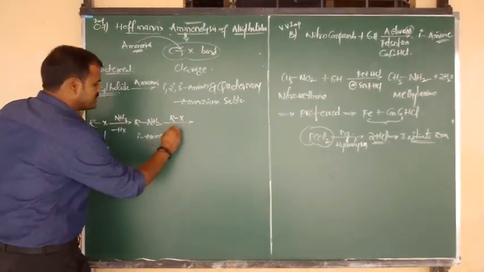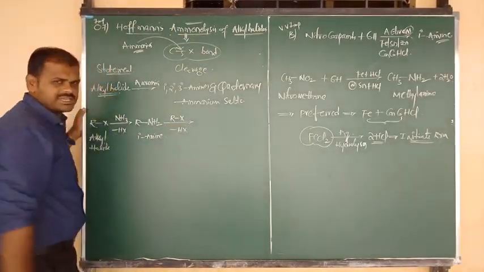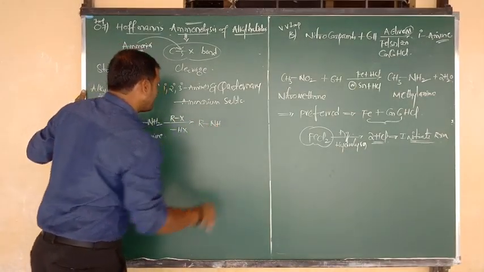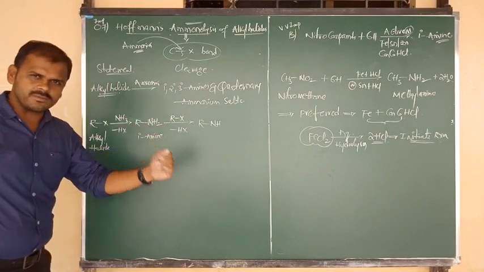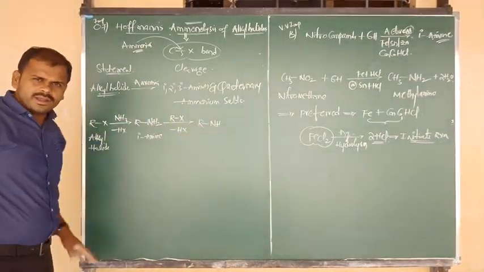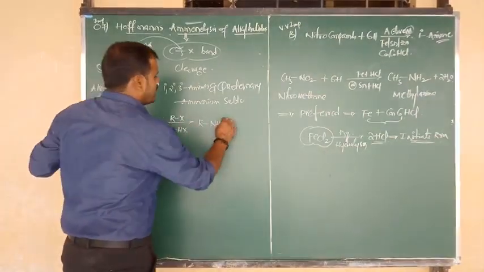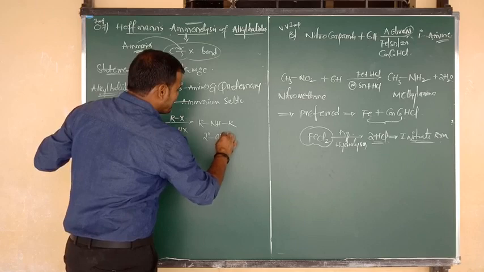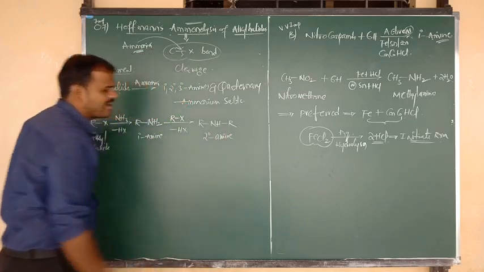Again H plus combines with X minus, removed in the form of HX. Now what can we get? R bonded to NH, out of 2, 1 hydrogen was removed in the form of HX. Here NH2 converted into the NH group. So already we got here secondary amine.